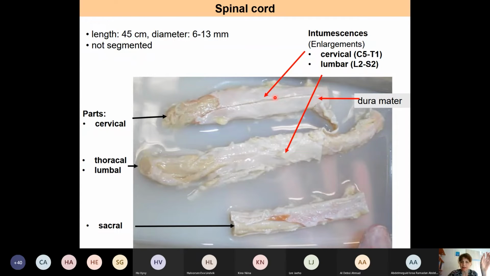These are the areas where the large plexuses, the brachial plexus and the lumbosacral plexus, originate. These are the plexuses which supply the upper and the lower limb, and that's why we have more neurons in these areas. We can also see some outpouchings. These will be the dorsal root ganglia.